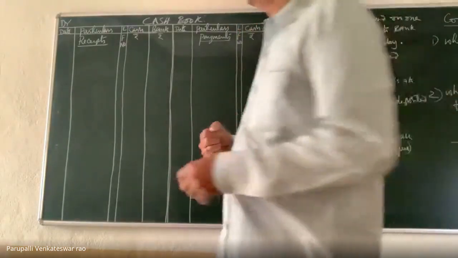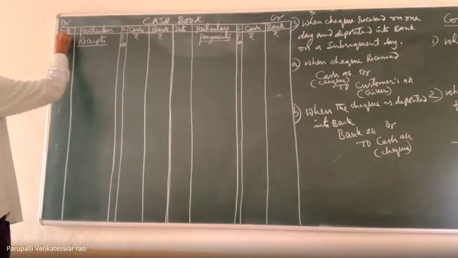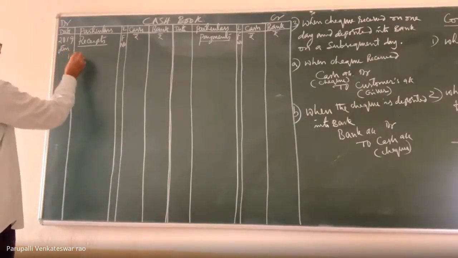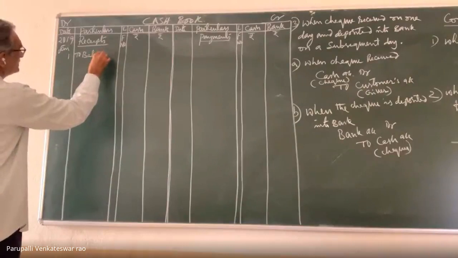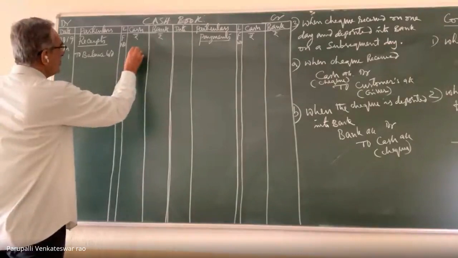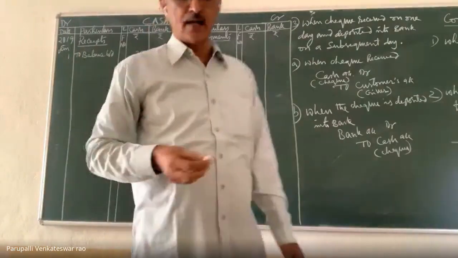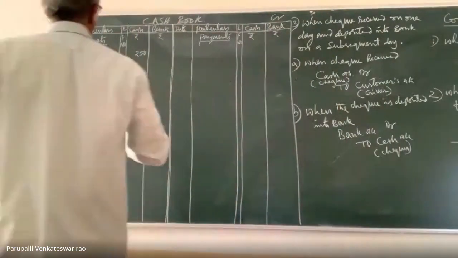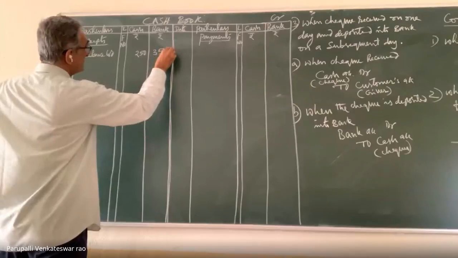Now write. Debit side, 2019, January 1st, to balance brought down. How much cash balance is there? 250 rupees is the cash balance, and the bank balance is 3,500.